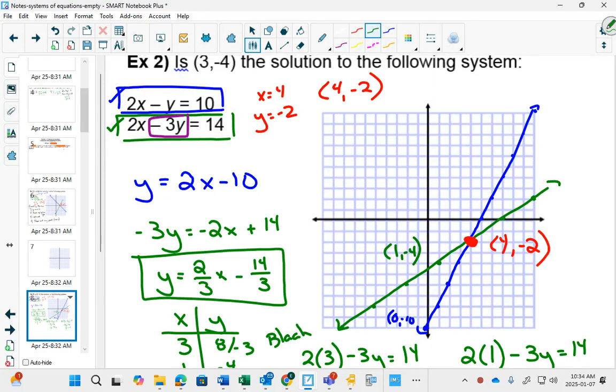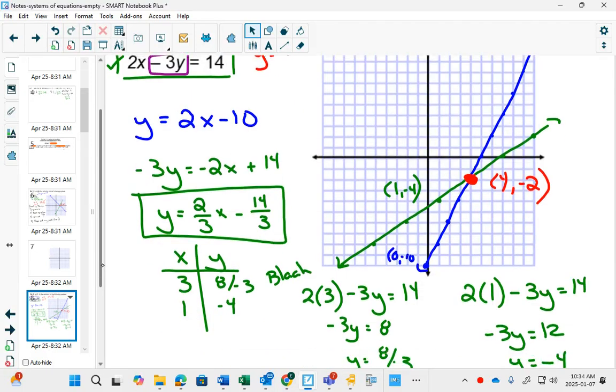Check that you put arrowheads on the end of your graph because those lines continue on forever. But this is our solution. Okay? What happened in this equation? Y equals mx plus b worked great for the blue one, but it was a little bit problematic for the green one.